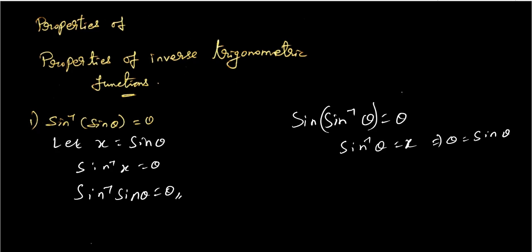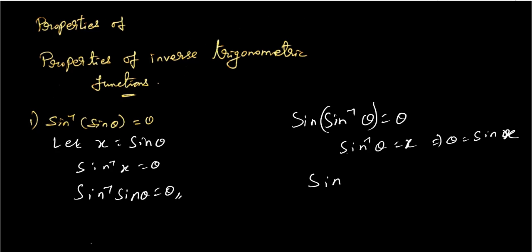Now let me take this left hand side, sin inverse of theta equal to x. So if we take sin on both sides, sin of sin inverse of theta equal to sin x.